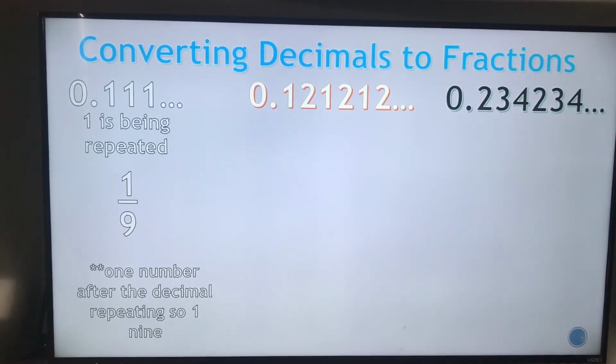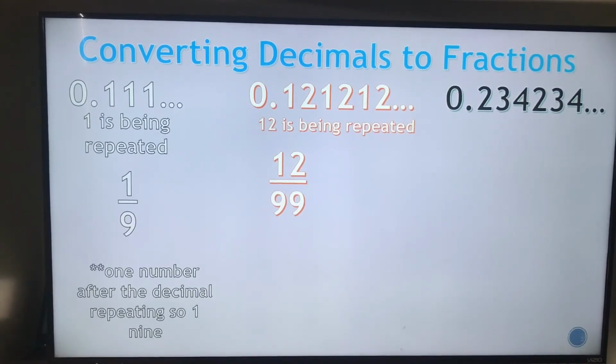Go look at your second one. 12 is being repeated. It's 0.12, 1 2 1 2. And that dot dot dot tells you that that same pattern is going to continue. So I can take 12 and put it over 99. And I hope some of you are sitting there saying, that can be simplified.